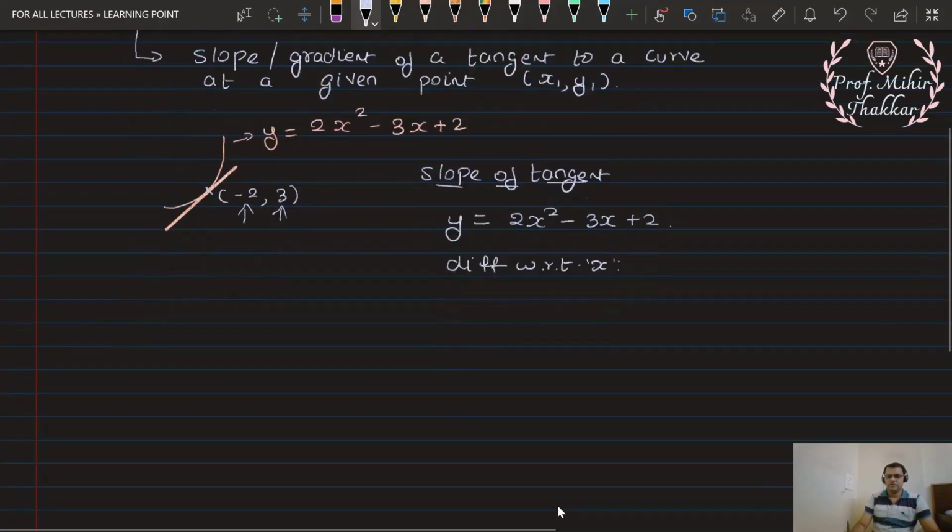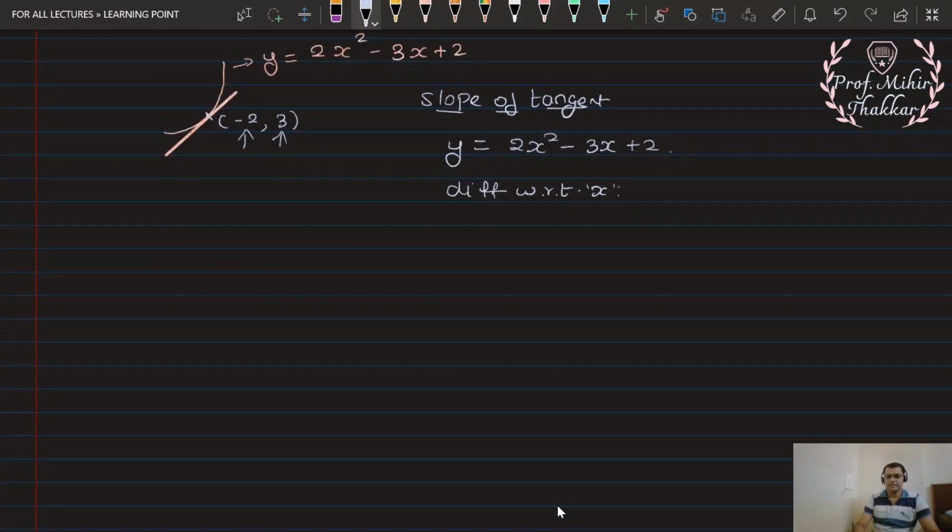So when I differentiate this with respect to x, I get over here dy by dx. This 2 is the coefficient, so that remains as it is. Derivative of x square, as you already know, is 2x. 3 is the coefficient and derivative of x is 1. So students, I get the answer dy by dx as 4x minus 3.